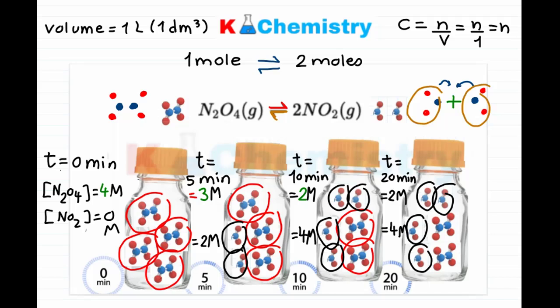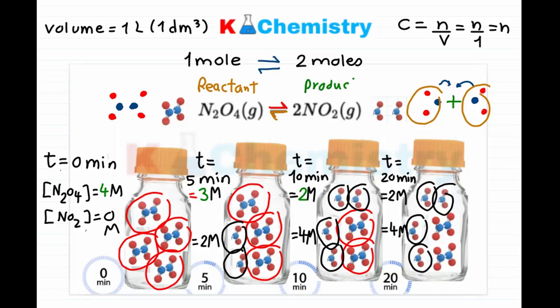What about the concentrations? We are combining two of the NO2 to form N₂O₄, or breaking down the N₂O₄ into 2NO2. We can call this N₂O₄ the reactants, and we'll call the NO2 the products.